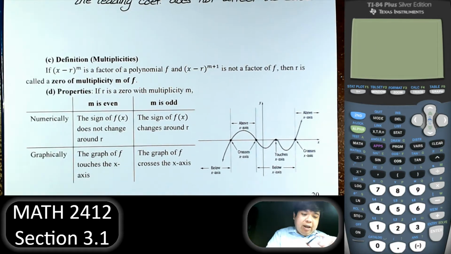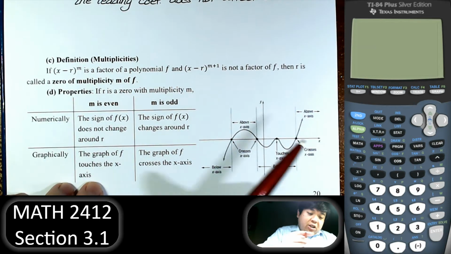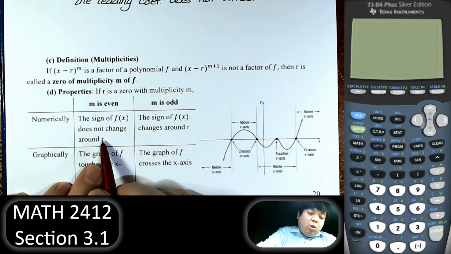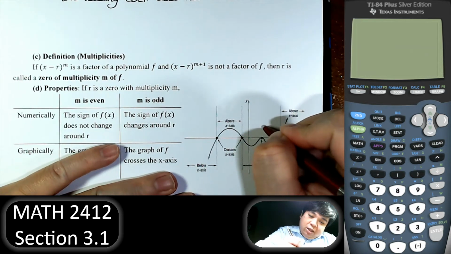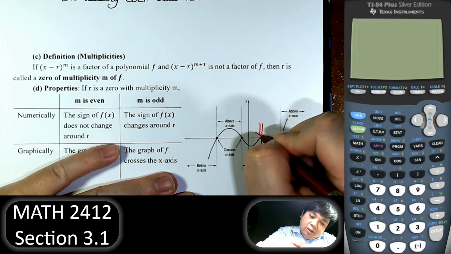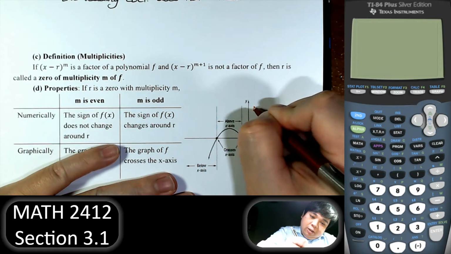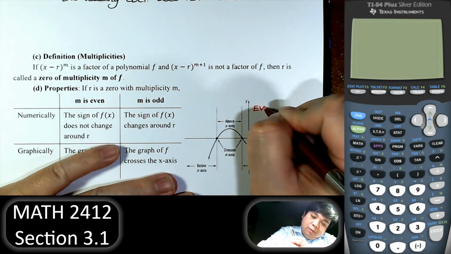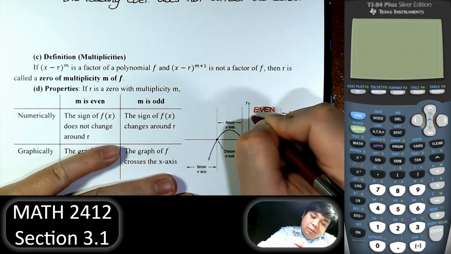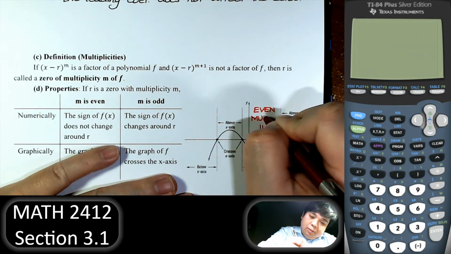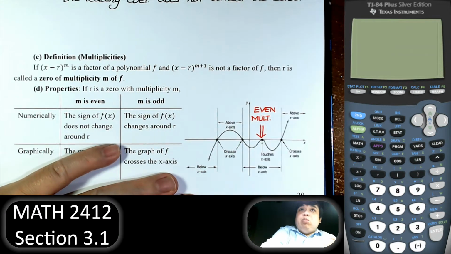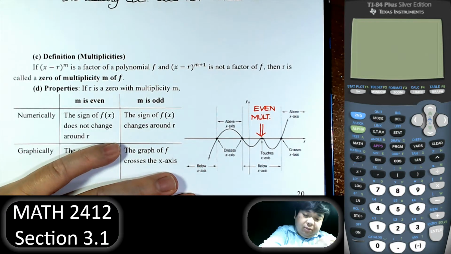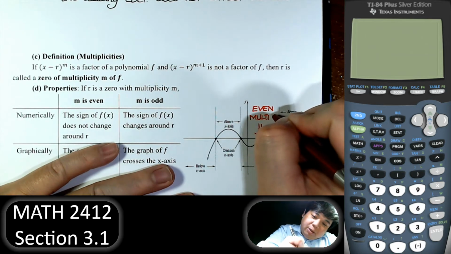Right, now numerically, the sign of f of x does not change around r if m is even multiplicity. So we have an even multiplicity here. Yeah, even multiplicity.